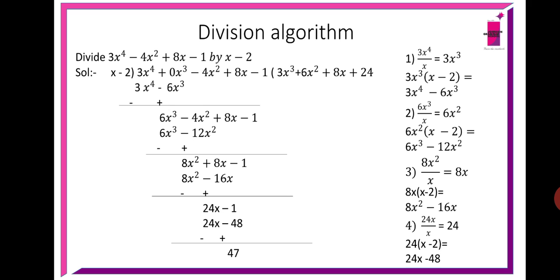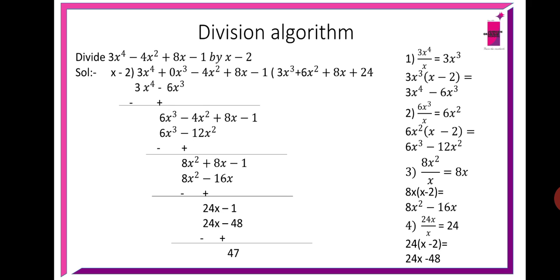The first term is automatically cancelled, and for the second term we get plus 6x cube. Here there is no x cube term in the given polynomial, so we have taken 0x cube.